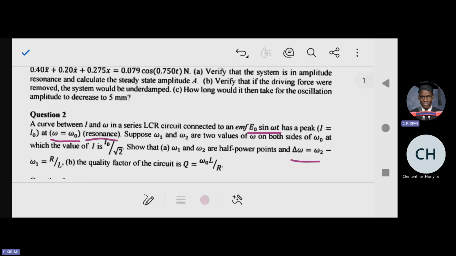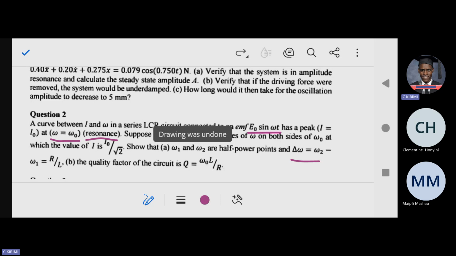So this question is more of derivations so that we arrive at showing what we are supposed to show. The first thing is that omega 1 and omega 2 are half power points.